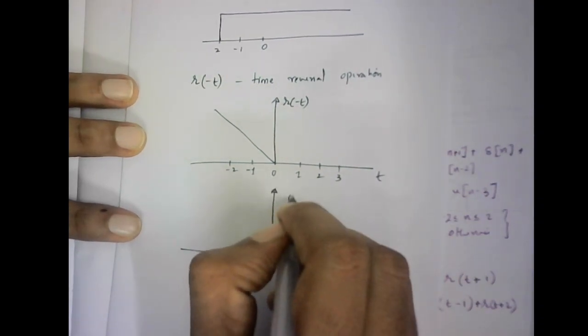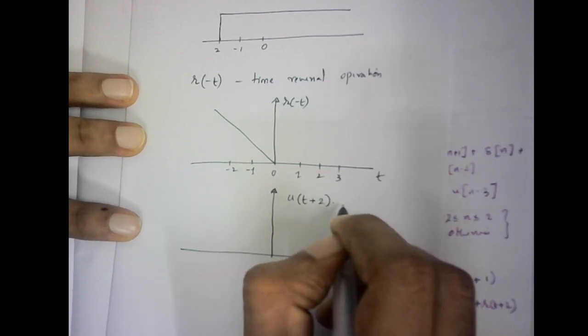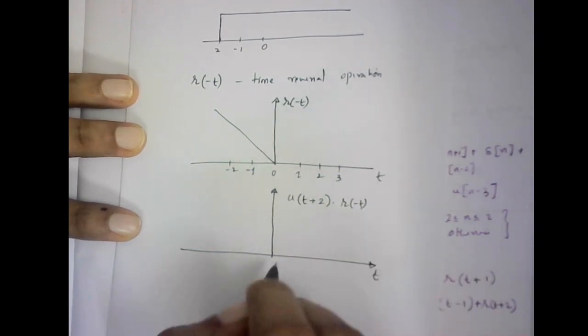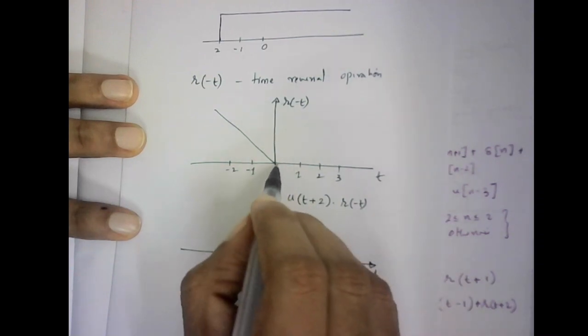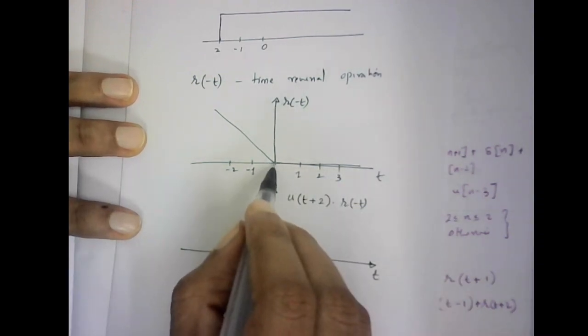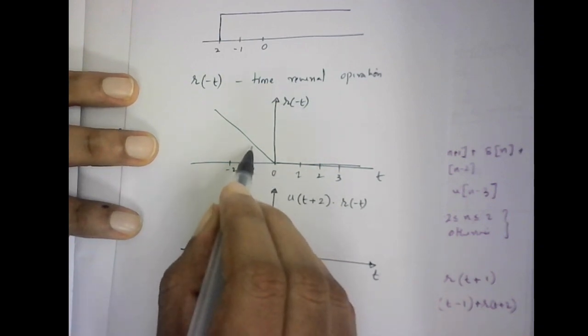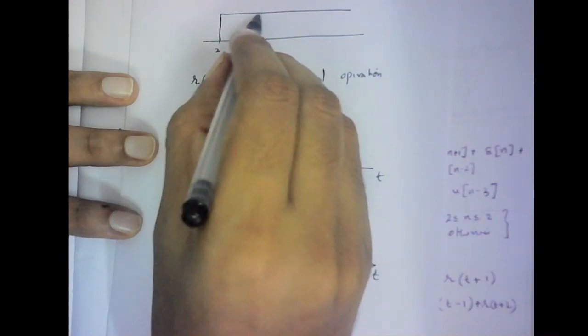You are multiplying u of t plus 2 times r of minus t. On the right hand side it is 0, because here it is 0 everywhere. Coming to the left hand side, between 0 and minus 1, here you have a slope of 1, and here it is always 1.